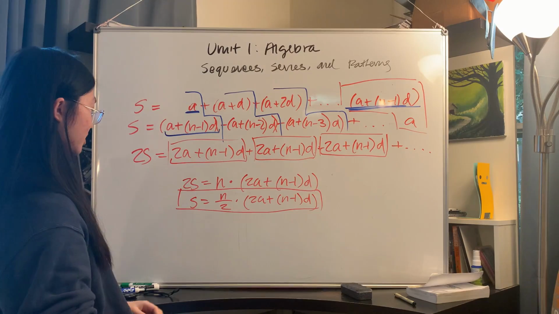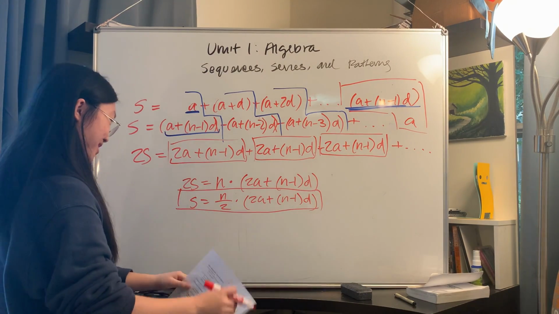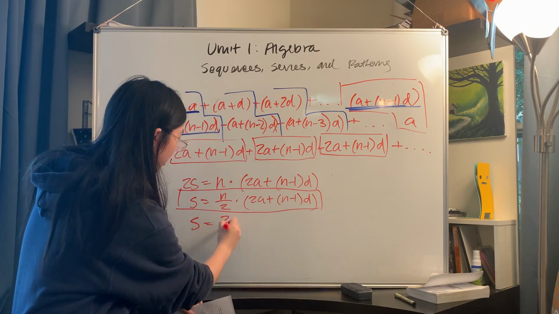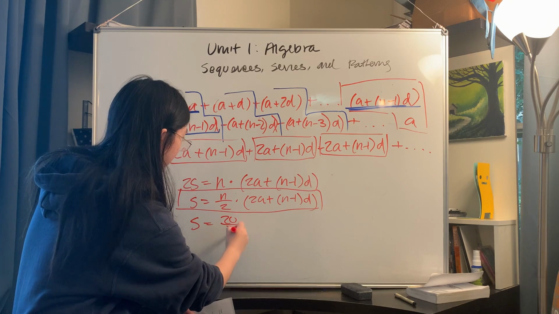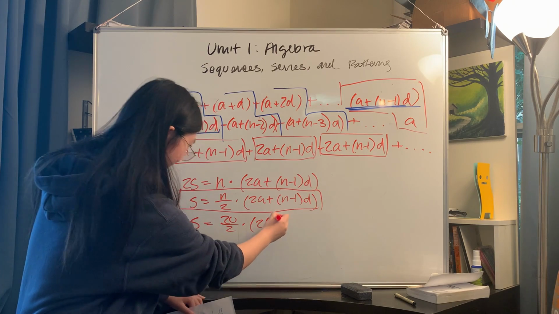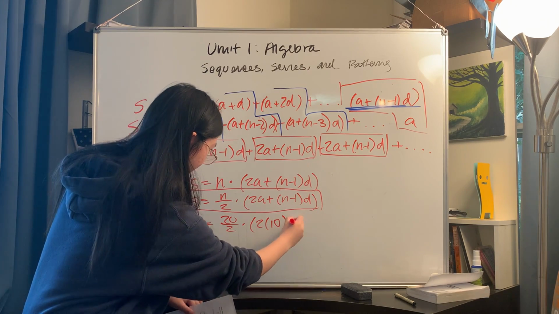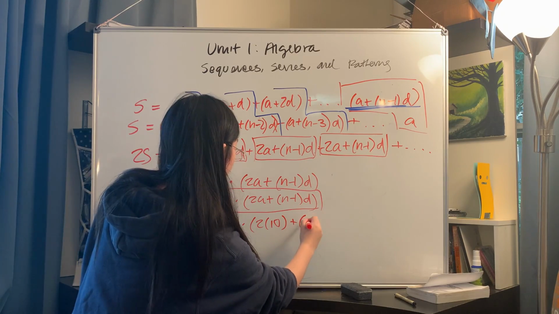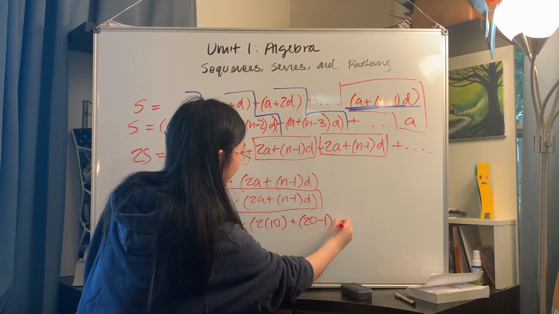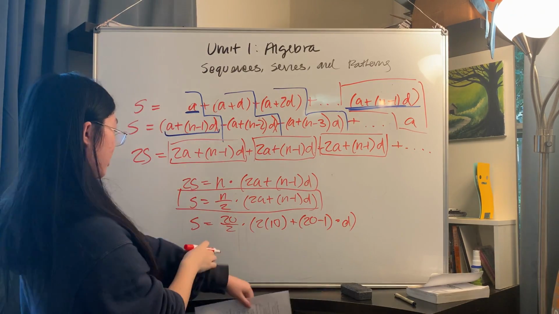So we wanted to solve problem 1, and we do want to solve problem 1. We know that S is equal to, how many terms do we have? 20 terms for the 20 days, divided by 2, times (2 times a, which is 10 because that's the first term, plus (n minus 1), which is 20 minus 1, times d, which is equal to 3). Now we just need to solve this.